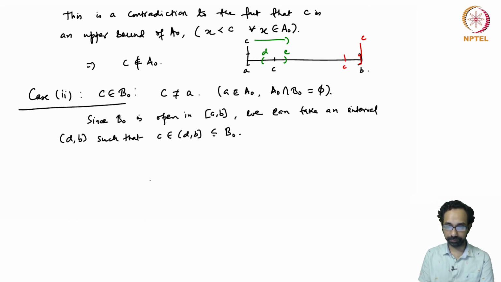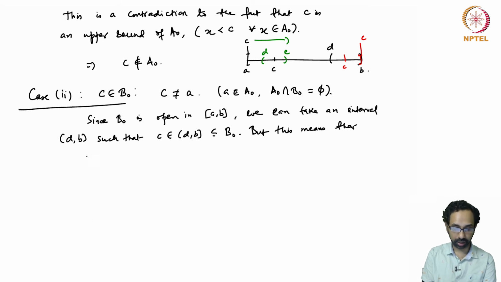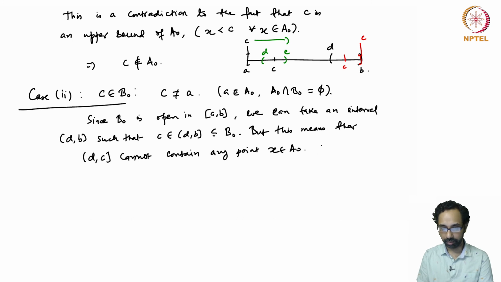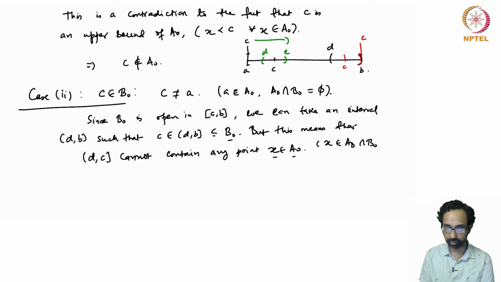So here D is here and it contains C, but this means that the interval DC cannot contain any point x of A0. Why? Because then we will have a common point of A0 and B0, so x would belong to A0 intersection B0.